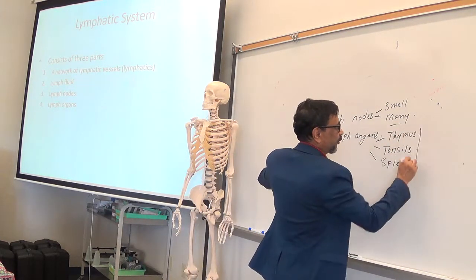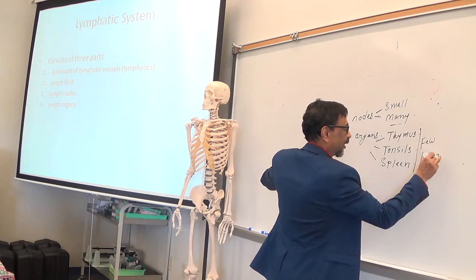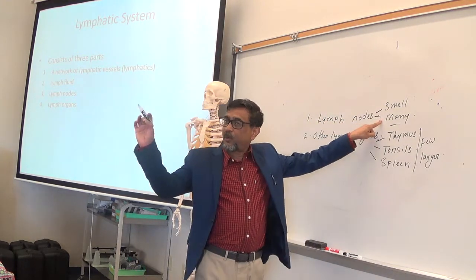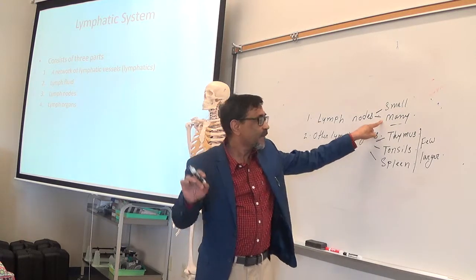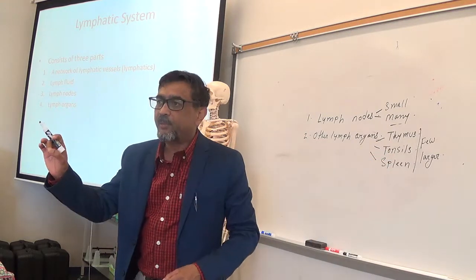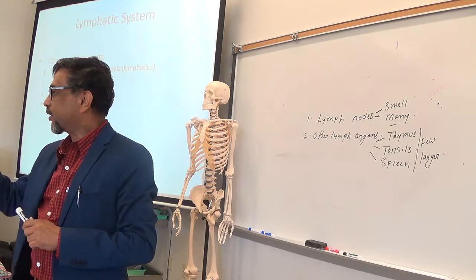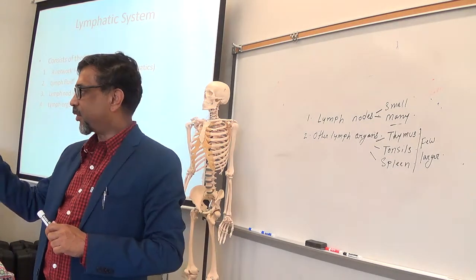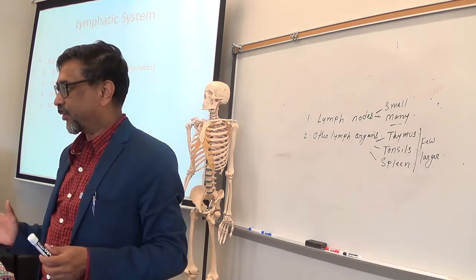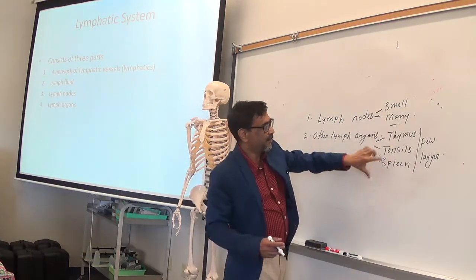They are only few and larger. Lymph nodes are solely responsible for immunity. These other organs are responsible for immunity, but they have other functions too. Make sense? You remember two organs are called the graveyards for red blood cells, spleen and liver, right? So you see the spleen has other functions too. So these are the lymph organs.